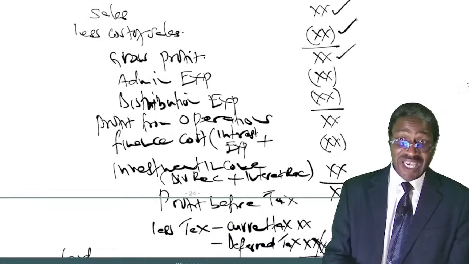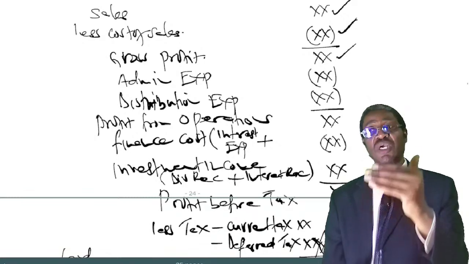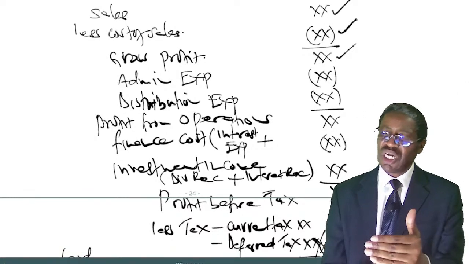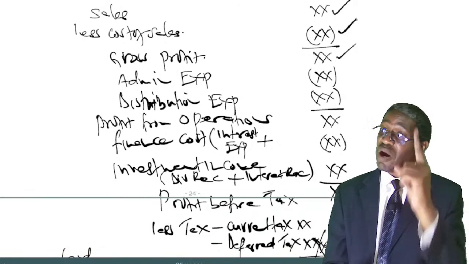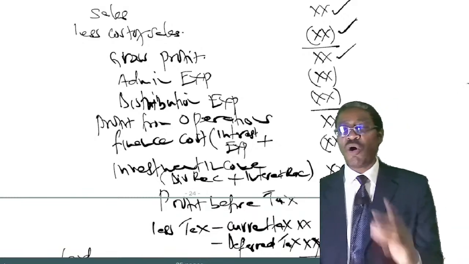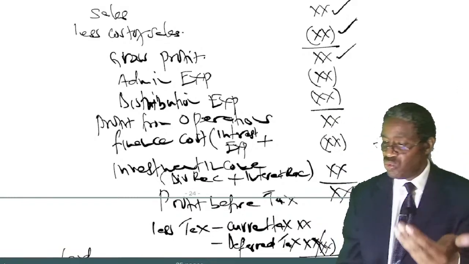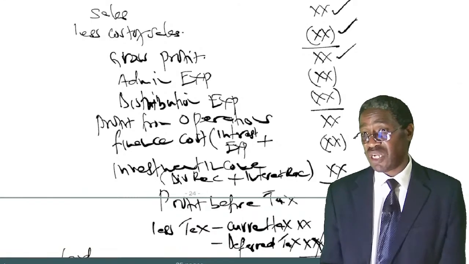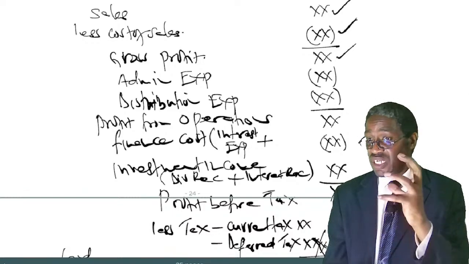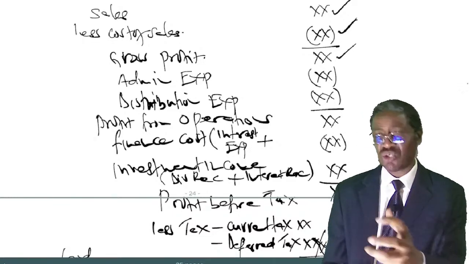Once you get the GP, we normally minus expenses. For publication purposes, all expenses must be classified according to their function. One is the administration function.